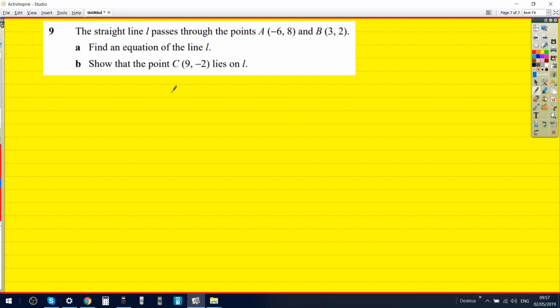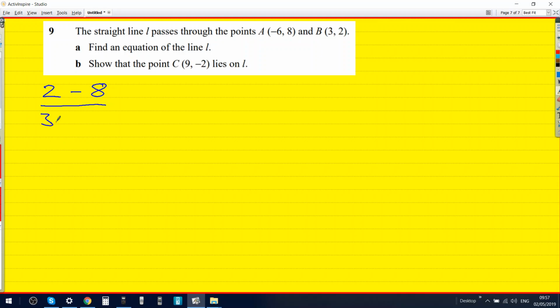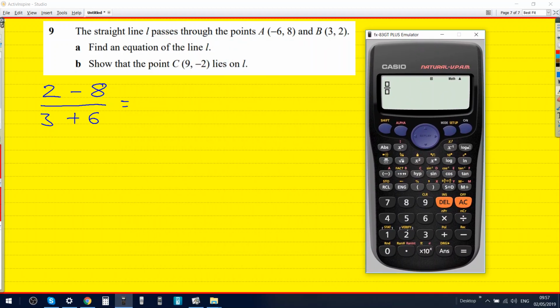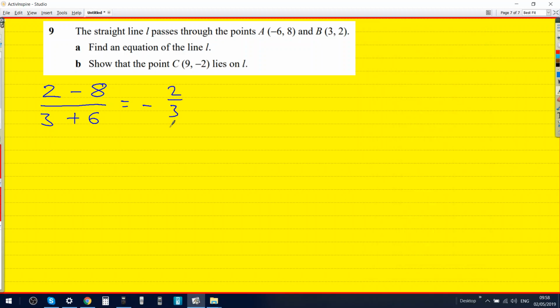So 2 minus 8 over 3 plus 6, which should equal minus 2/3. That's it. Okay.